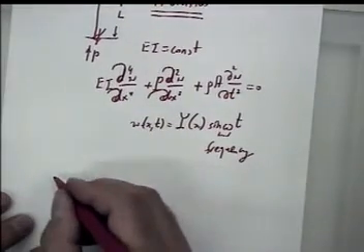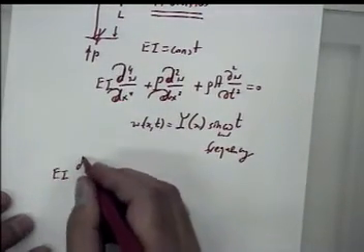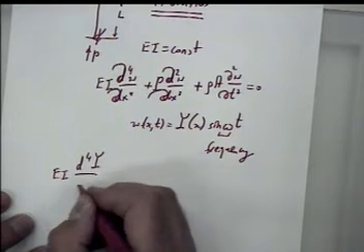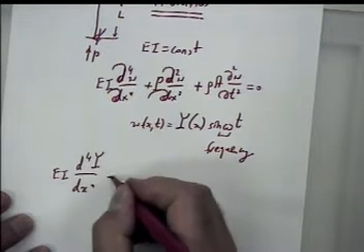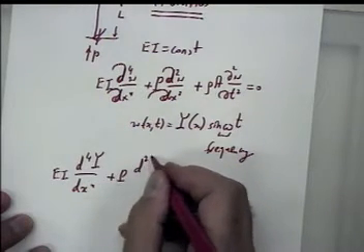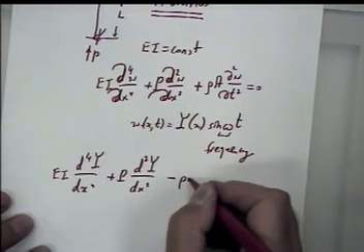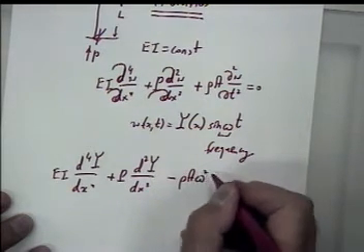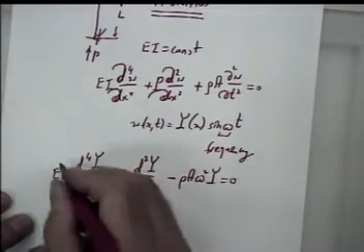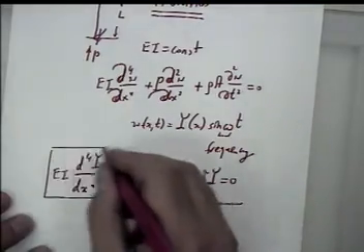So we substitute, and we get EI d4Y dx to the fourth power plus P d2Y dx squared minus rho A omega square Y equals 0.